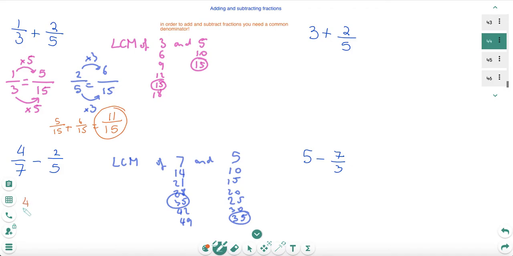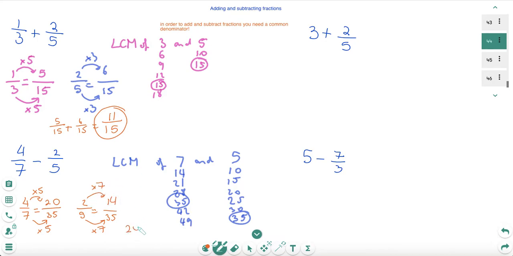So 4/7. Mirror it. 4 times 5 is 20. Same thing for the other fraction. 5 to 35 is times 7. Times the top by 7. 2 times 7 is 14.